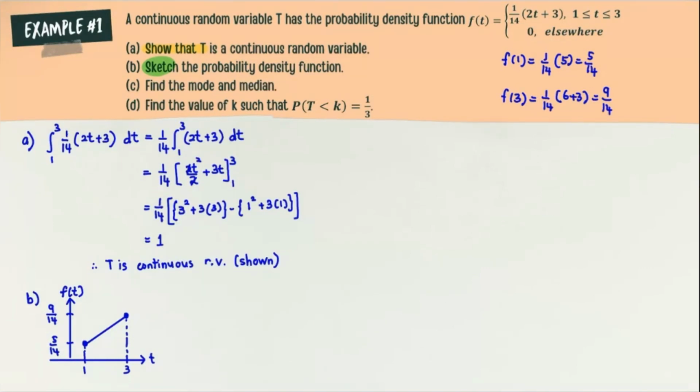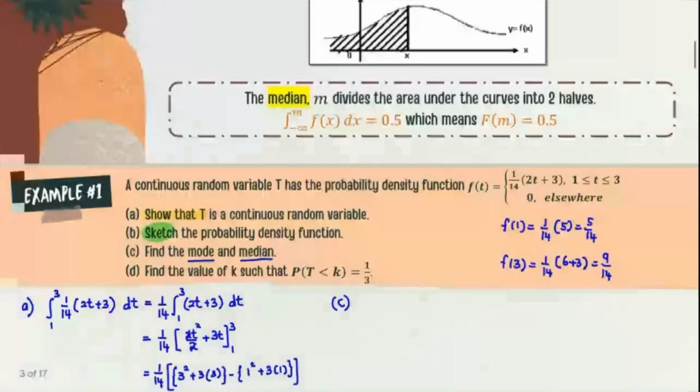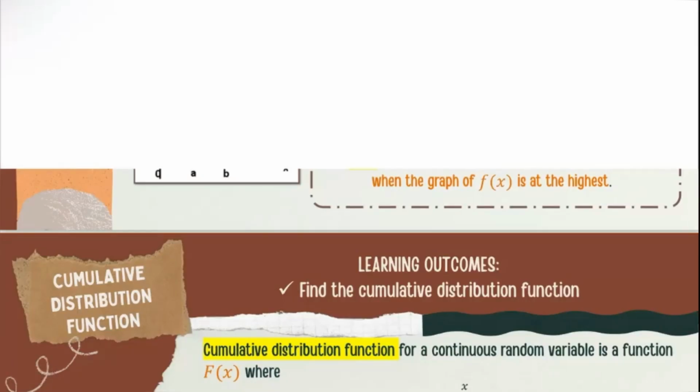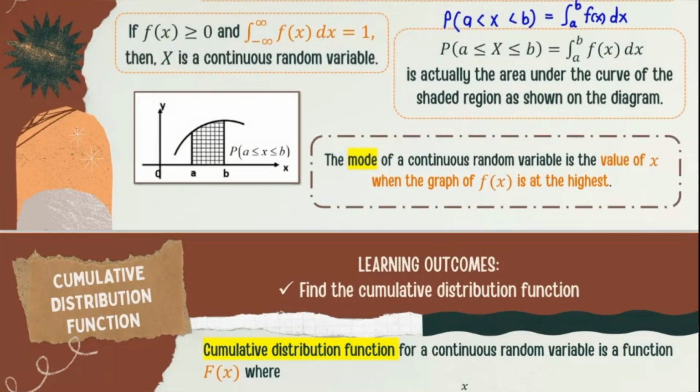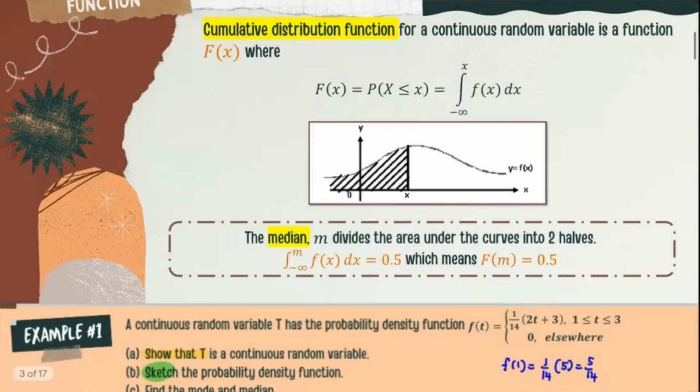Now kita pergi kepada mode dan median. So mode macam mana nak dapat? Tadi kita dah tengok definition dekat sini. Okay. So mode is the value of x when the graph is at the highest. Graph mana? Graph PDF. So kita refer back to our graph here.